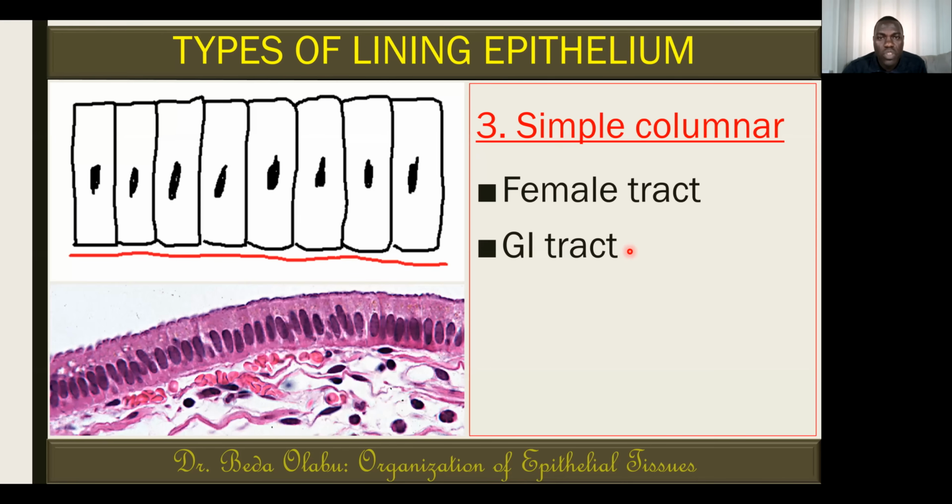So it means that the stomach has simple columnar epithelium. The duodenum has simple columnar epithelium. Jejunum has it. Ileum has it. Cecum has it. Appendix has it, the colon has it, and the rectum has it. All those regions between the stomach to the rectum have simple columnar epithelium.